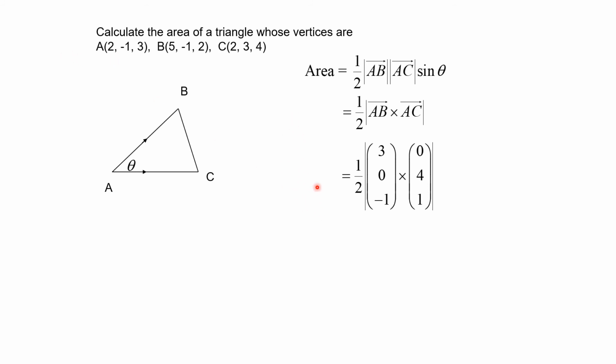So that's how you got AB. And vector AC will be simply C minus A. So 2 minus 2 is 0, and 3 minus negative 1 is 4, and 4 take away 3 is 1.